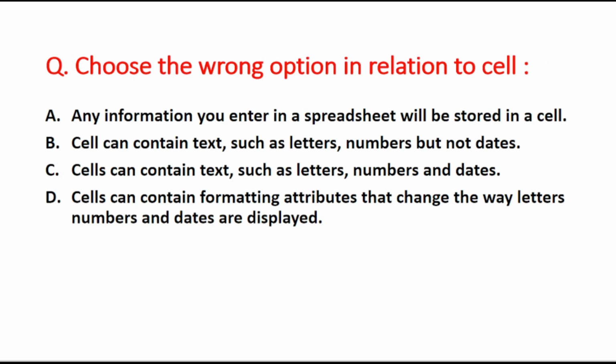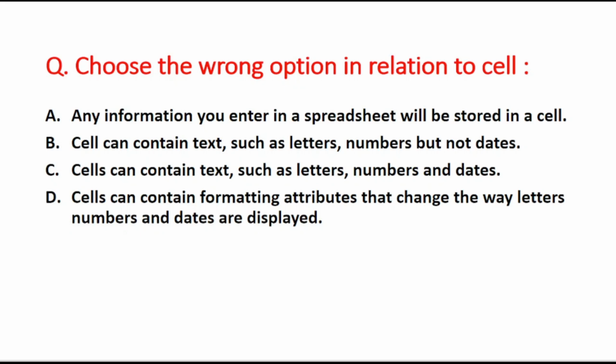Next is, choose the wrong option in relation to cell. Your A option is any information you enter in a spreadsheet will be stored in a cell. कोई भी हम information add करते हैं spreadsheet में तो वो store होती है cell में जाके. Okay. B option is cell can contain text such as letters, numbers, but not dates. Your C option is cells can contain text such as letters, numbers, and dates.